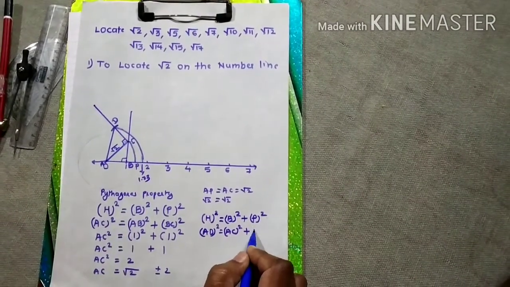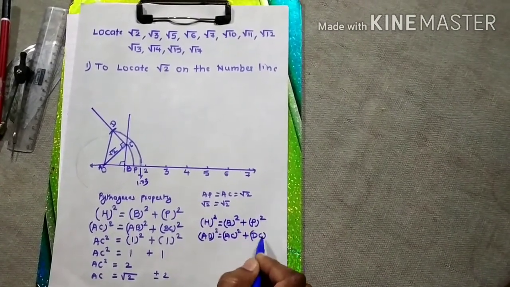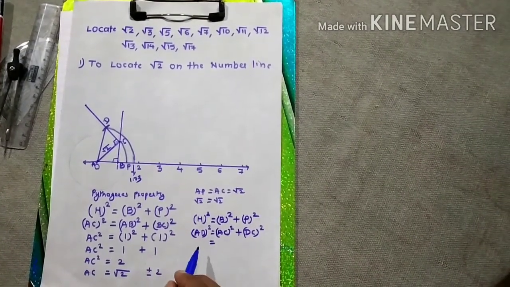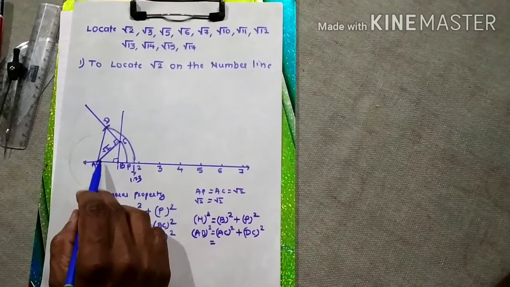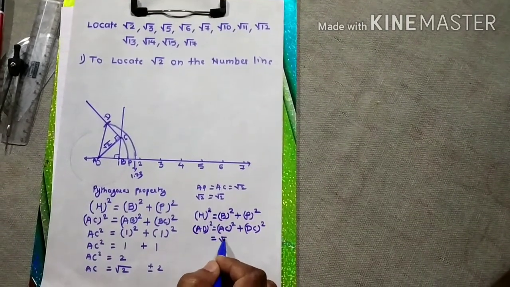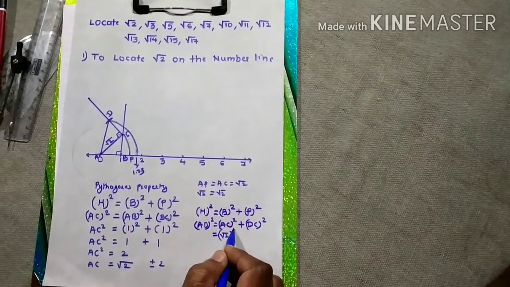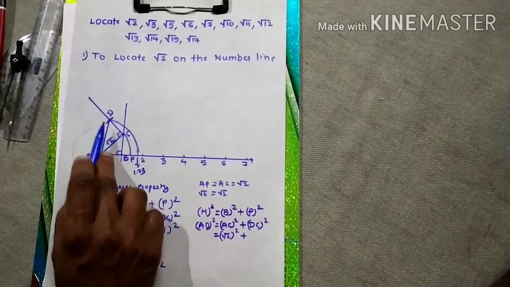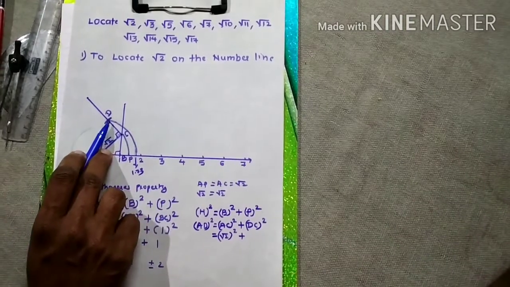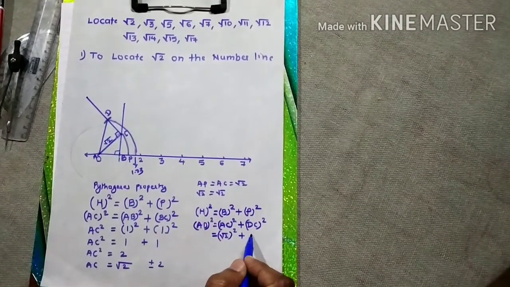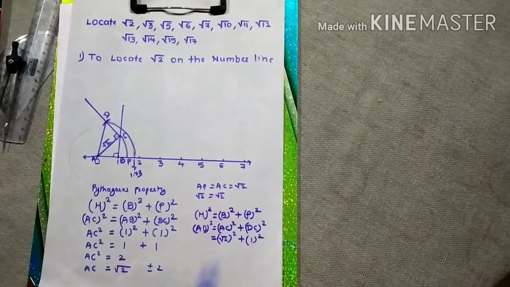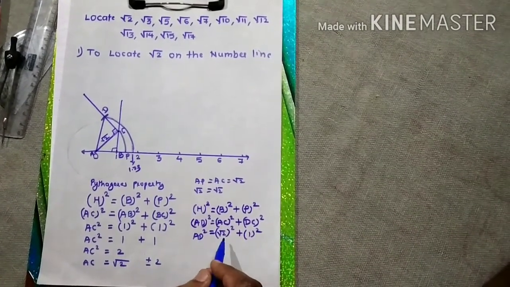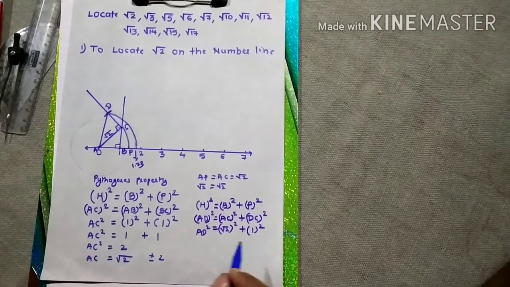DC. So DC square. So what is AC? Distance root 2 square plus what is the distance of DC? This we have taken 1 unit. So I will write here 1 square. So AD square is equal to root 2 square plus 1 square.